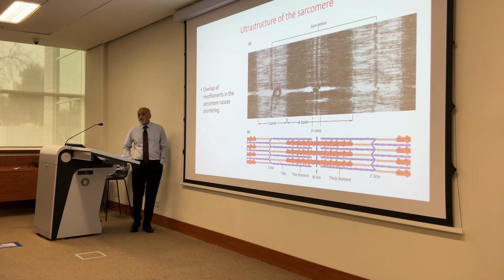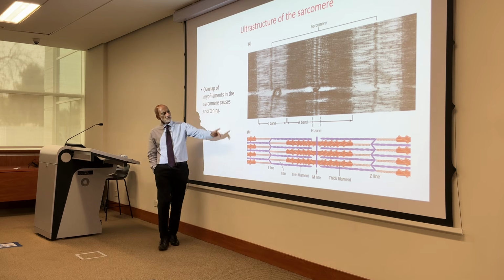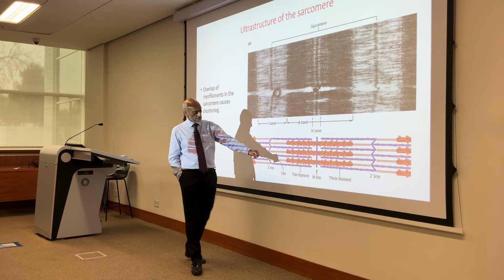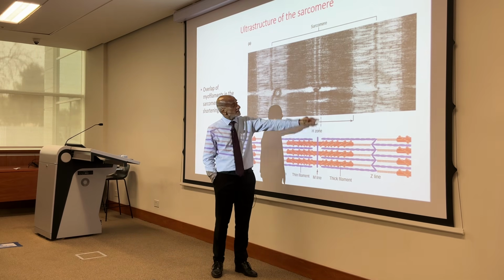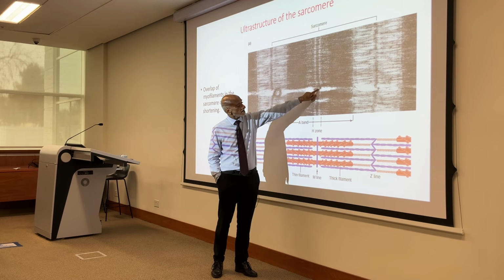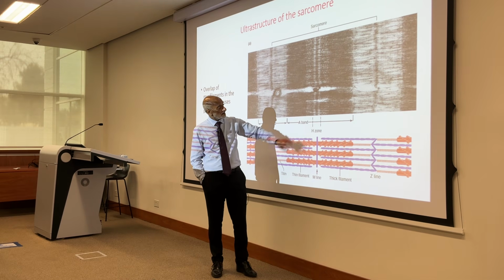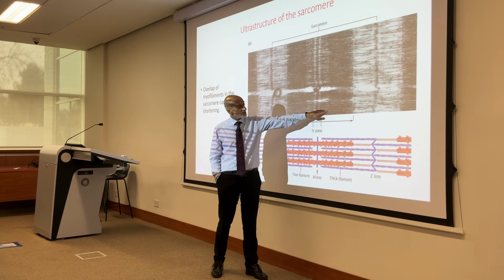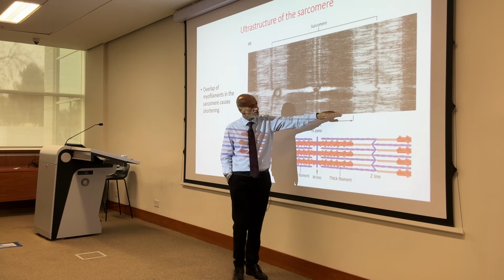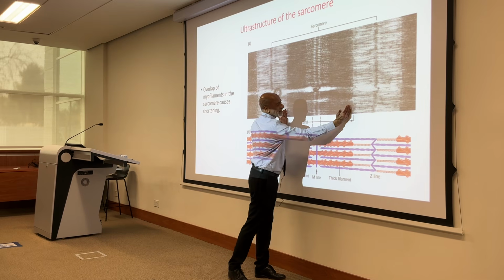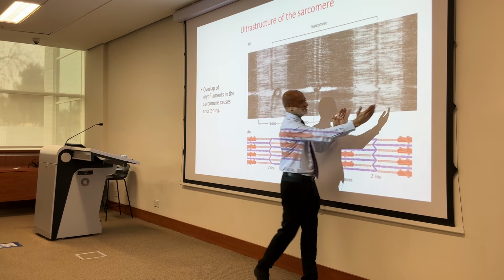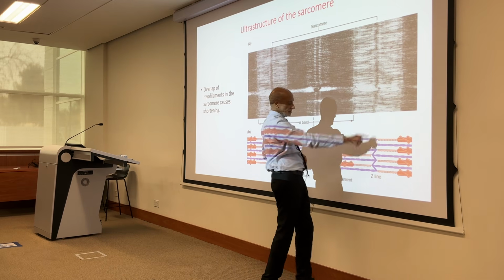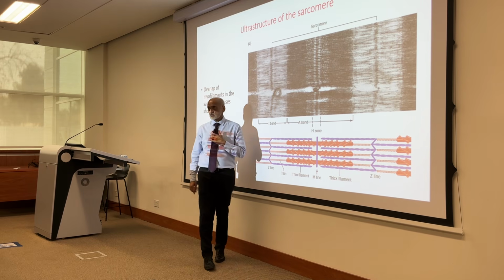There's an electron micrograph now. Again, the M line is in the middle here. That's the H zone. Here you're getting the overlap between actin and myosin. So this whole thing will be the A band, and this would be the I. Here's the Z line, and it's shown to you at the bottom.